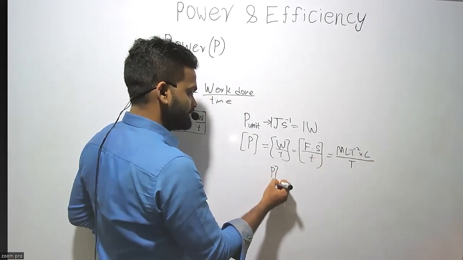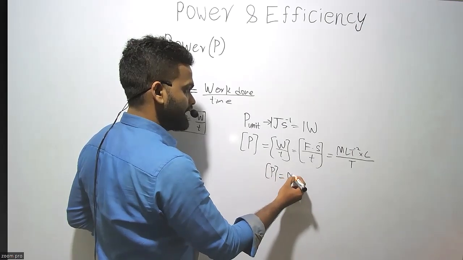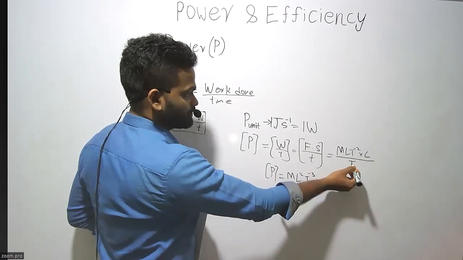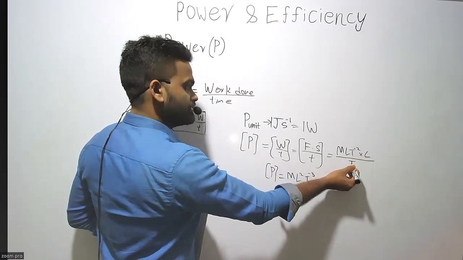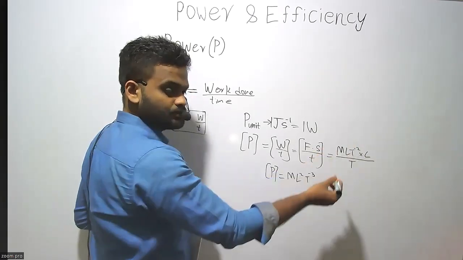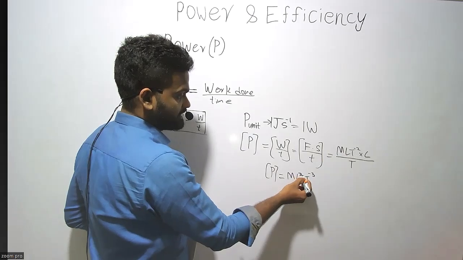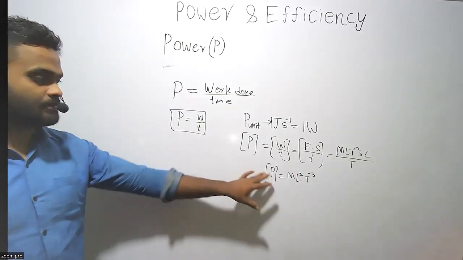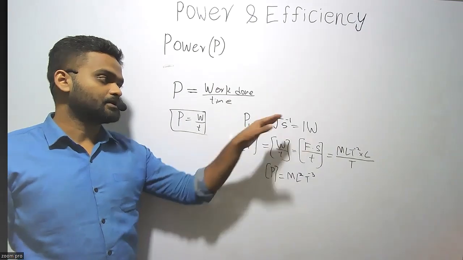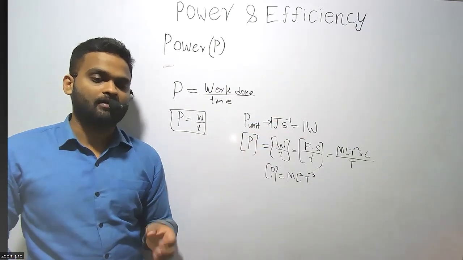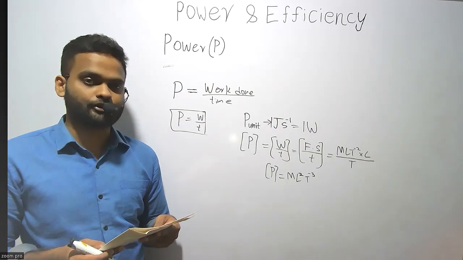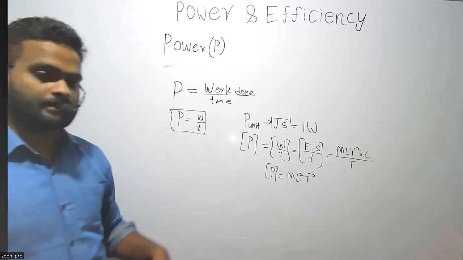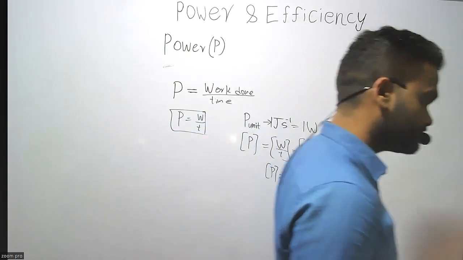So we get the dimensions of power as M L squared T minus 3. So that's the dimensions of power. And this is the unit of power. So power is measured in watts, right? Not joules. Power is measured in watts. Take this down.